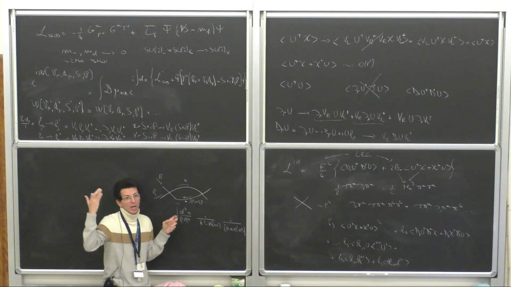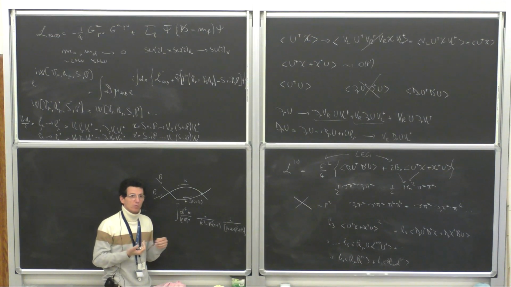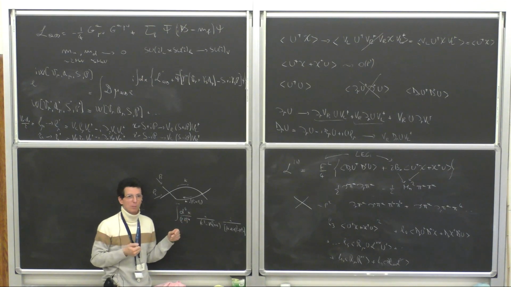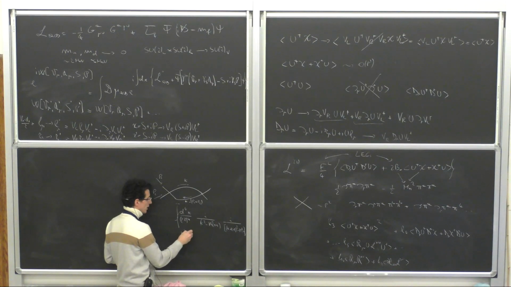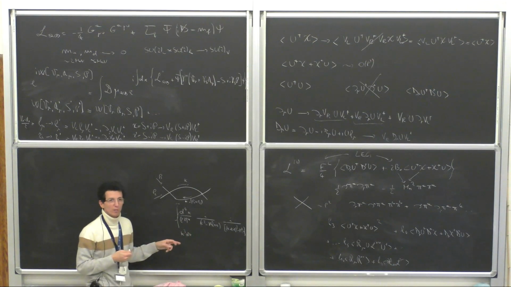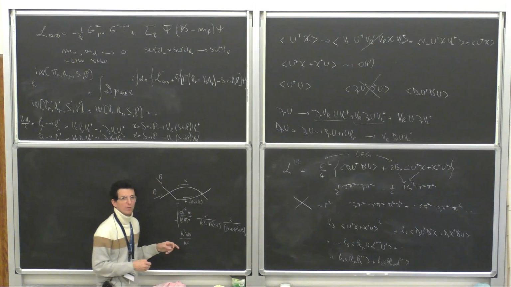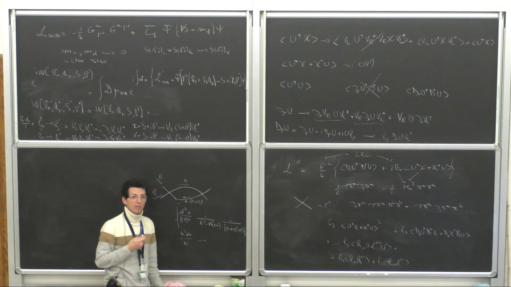You see? In this integral, this momentum can be whatever, arbitrarily large in principle. So you have a logarithmic divergence because you have d^4k over k^4 dimensionally. Here you have k cubed dk in hyperspherical coordinates, divided by k^4. So this is logarithmically divergent.